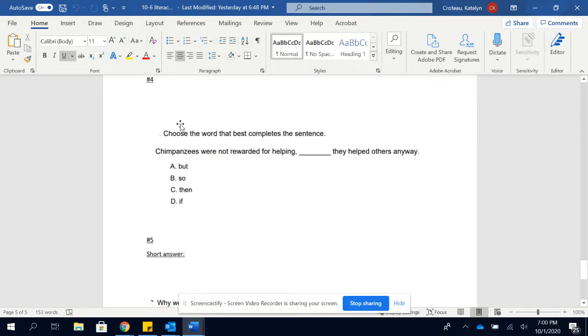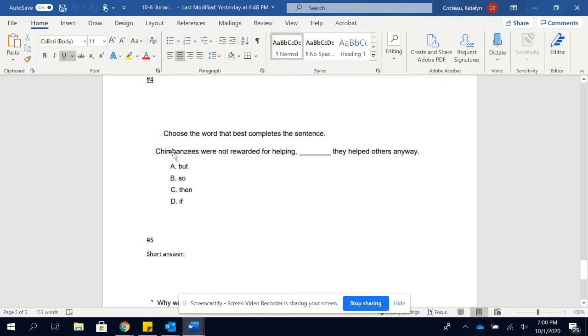4. Now, this might be where in level 2 you have a different question somewhere in here. Okay, it's all right. Ooh, fill in the blank. Fun. Choose the word that best completes the sentence. So this is kind of like a grammar question in a way. Sometimes, in my opinion, I'd read it to myself and plug each of these into the blank to see which one makes the most sense and sounds correct.